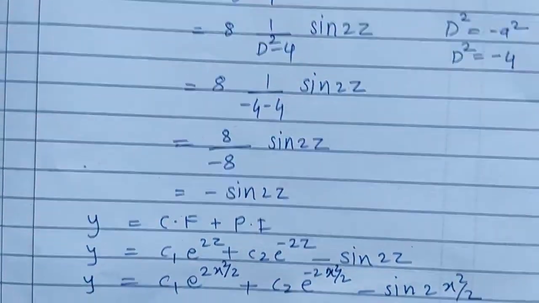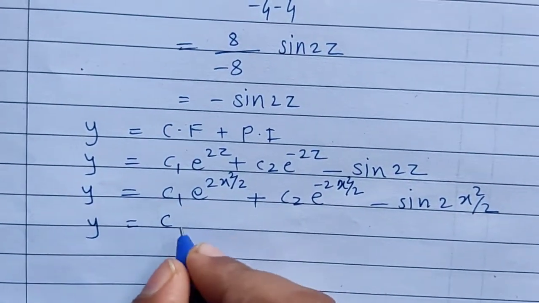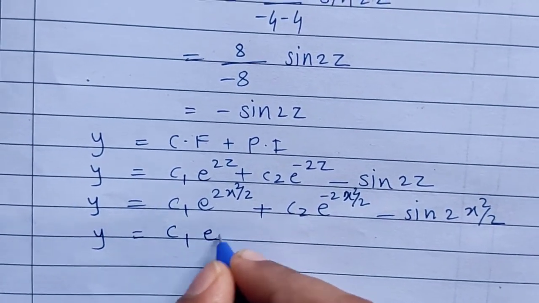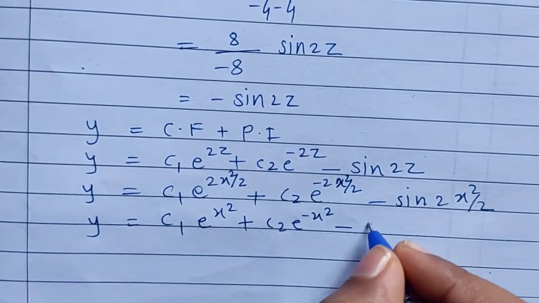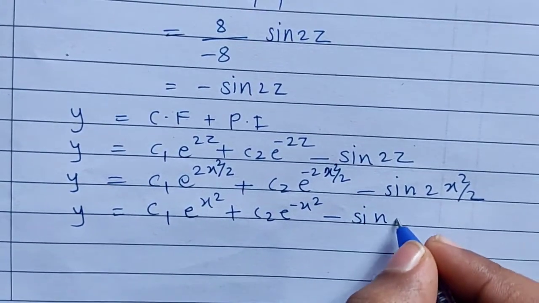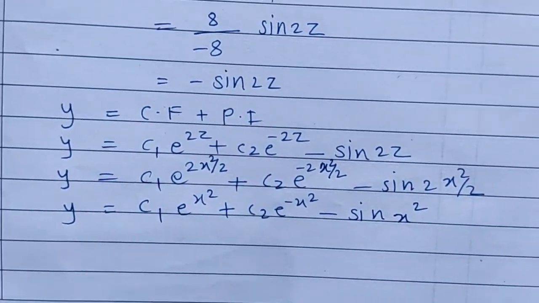So we get the solution of the given differential equation, that is y is equal to c1 e raised to x square plus c2 e raised to minus x square minus sine x square. This is the required solution of the given differential equation.